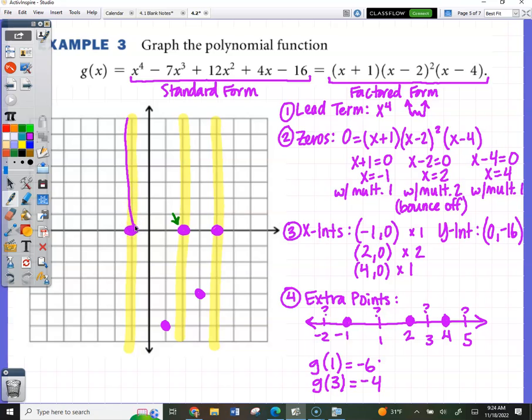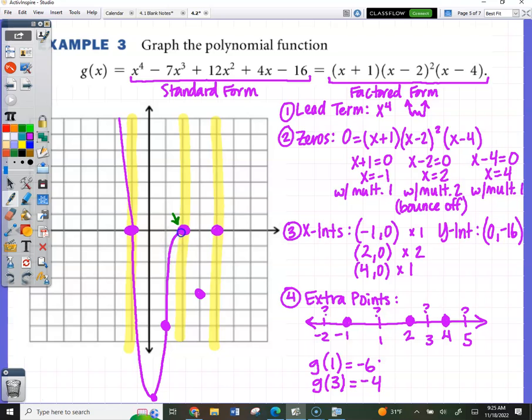Now next would be the y-intercept. Was I able to graph the y-intercept? No, the y-intercept was 0, -16. So it's like way down here. I can't even graph it. So this particular graph is challenging to graph that. It would come up. Now here's where you got to be careful. This is the new part.